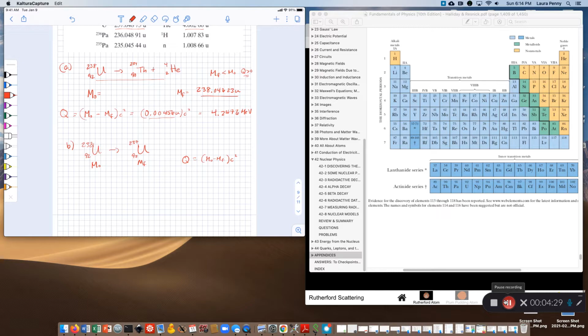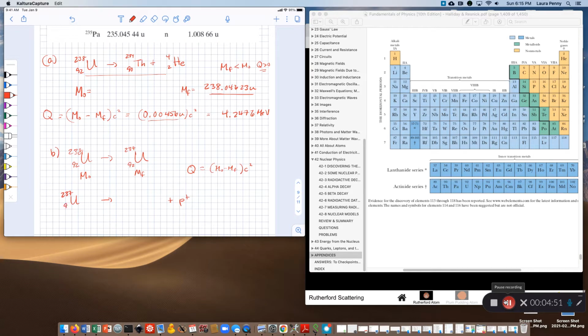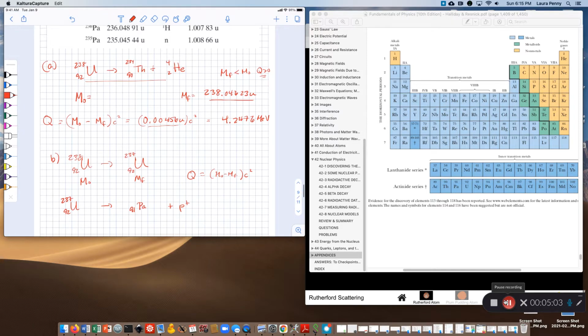For the second part, now you're going to take this uranium-237, and it says that we're releasing a proton this time. You'll probably have to release some other stuff with that as well, reaction-wise. But if you're going to release a proton, so this was 92, now you're going to have something with 91 protons. So this is protactinium, is that what that is?